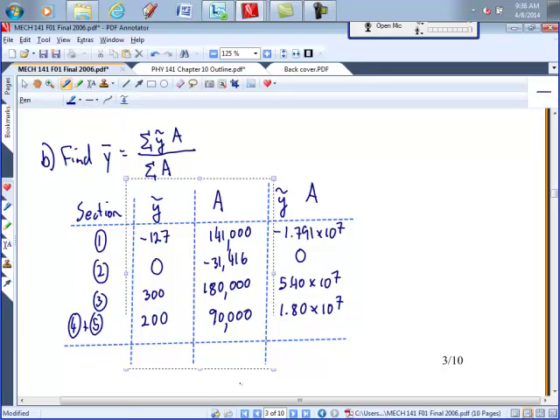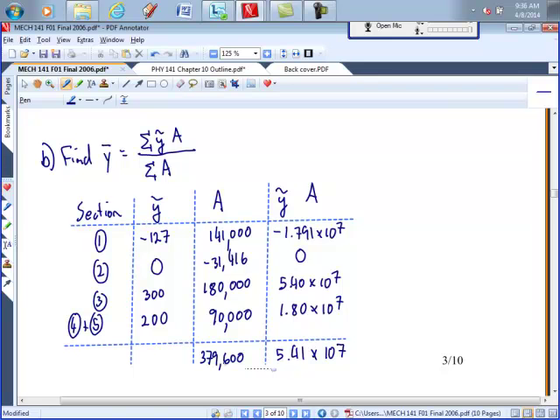Okay, and we'll add up the last two columns. Y tilde times the area was 5.41, right, because these two almost cancel each other out. The total area is 379,600.